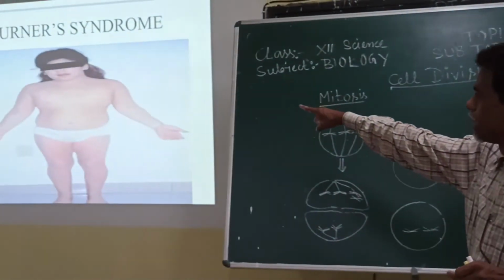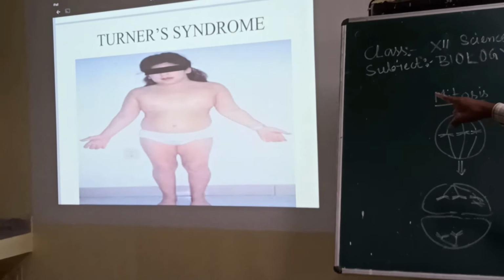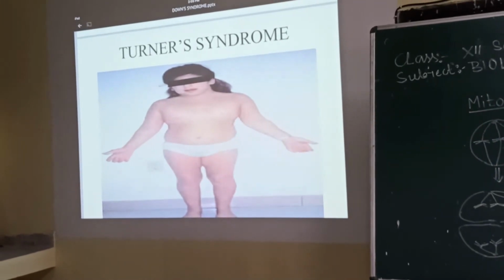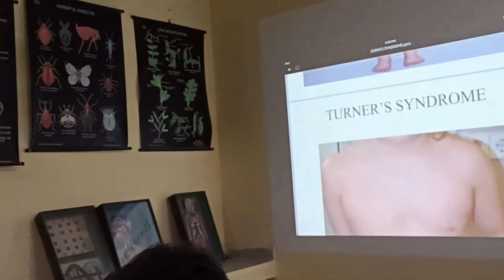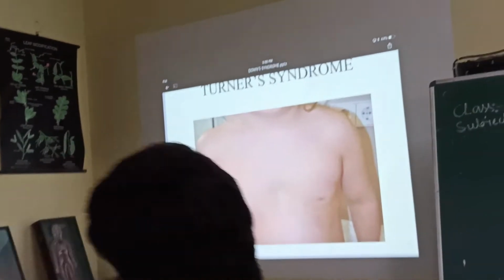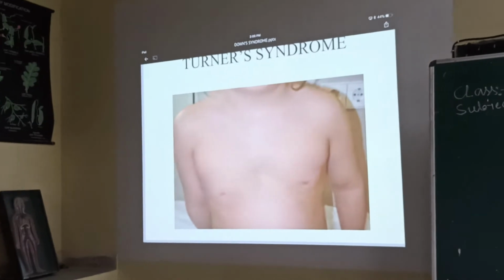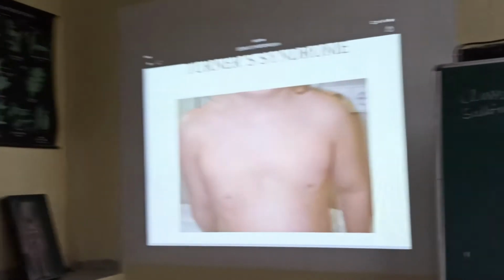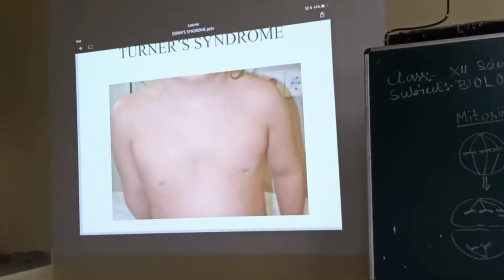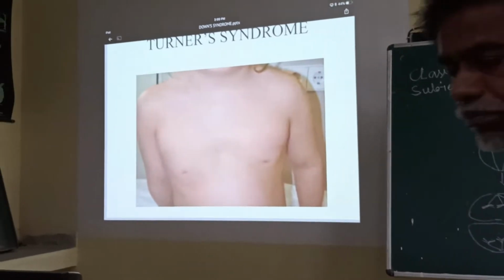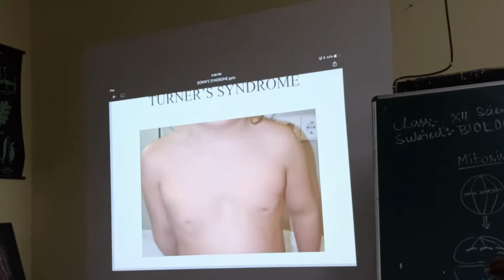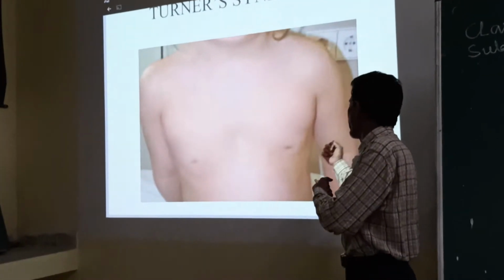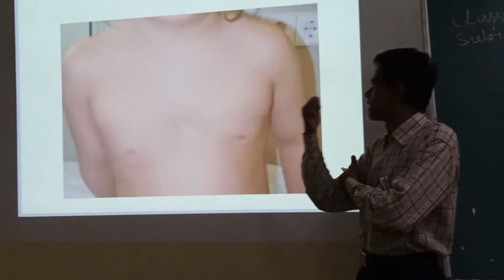You see the figure I have given for Turner syndrome. Another figure I will show you for Turner syndrome. Here also both are female babies. The breast is not developed, rudimentary breast, and the musculature is just like a male. See the muscle of the hand, it is also just like male musculature.